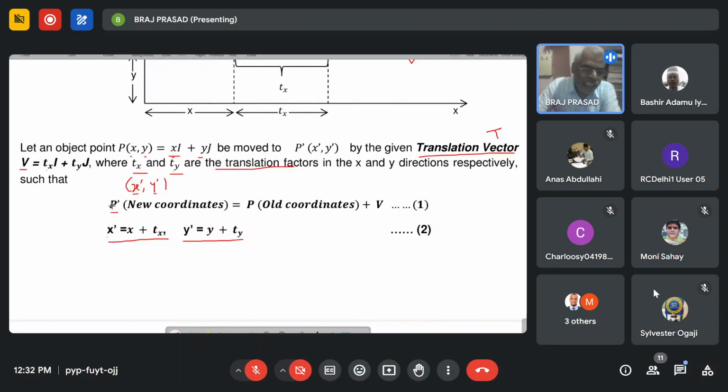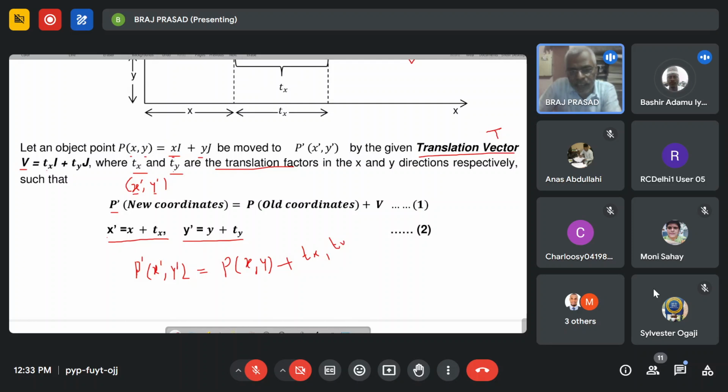So the coordinate of p dash becomes (x dash, y dash), and the new coordinate is equal to the old coordinate (x, y) plus the translation vector (tx, ty).